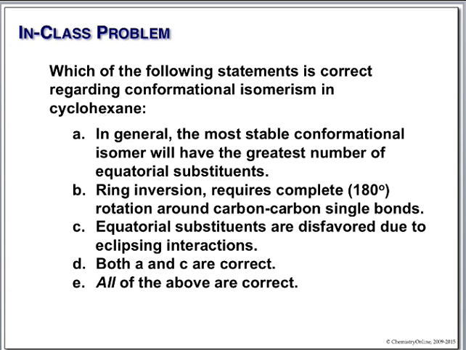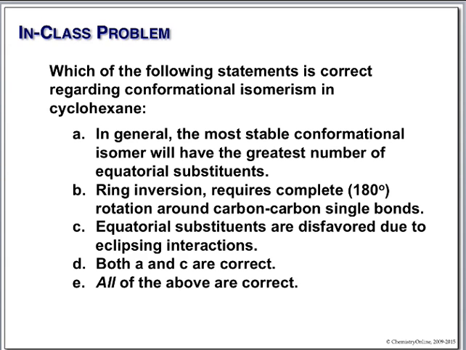The rule of thumb is that axial substituents are bad. Equatorial substituents have much less interaction with the ring hydrogens, and they're more stable. So, in general, the most stable conformation will have the greatest number of equatorial substituents. I think we just said that.